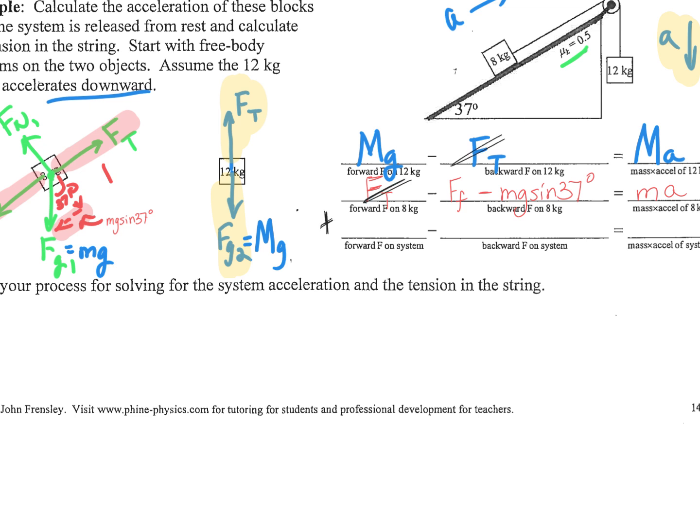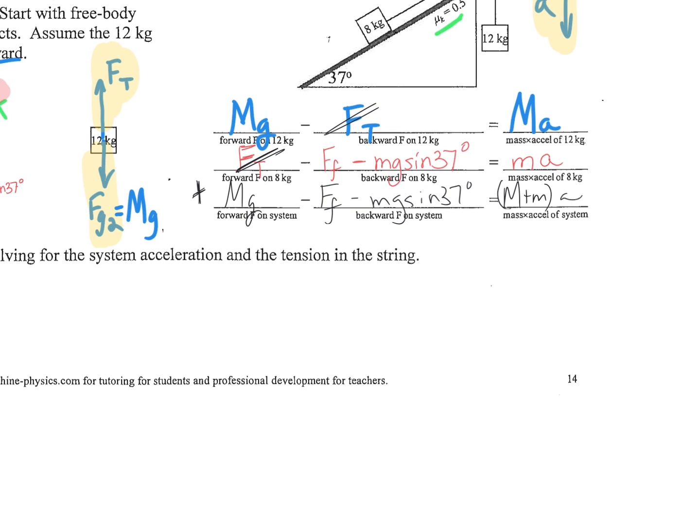Force of tension is an internal force. That is an action-reaction pairing. It goes away. So we're left with big mg minus the force of friction minus mg sine 37 degrees equals big M plus little m times the acceleration of the system.